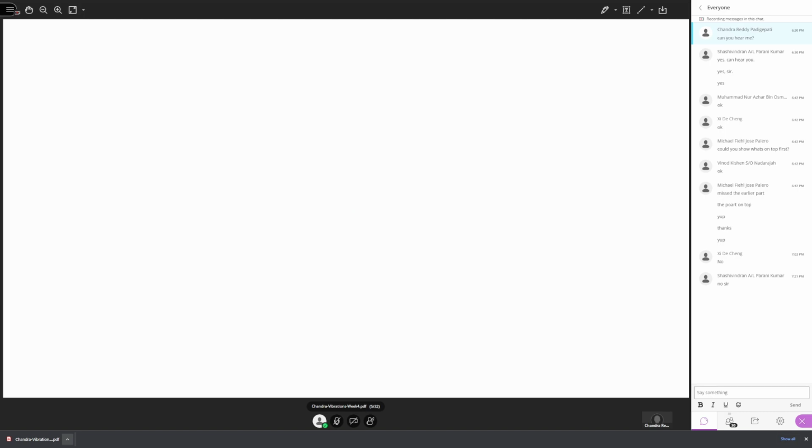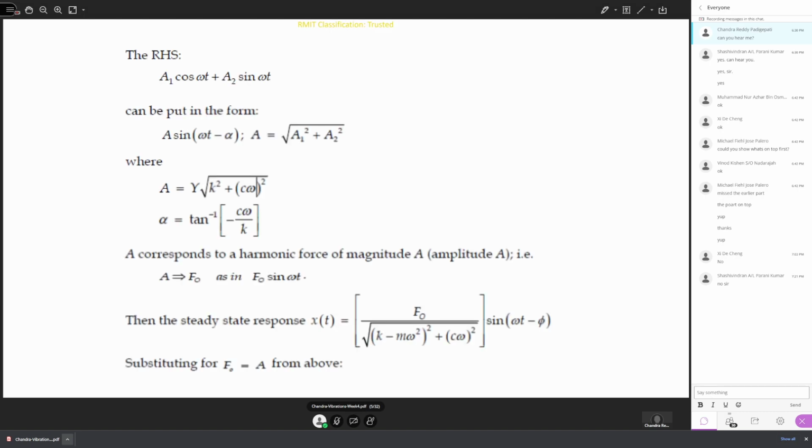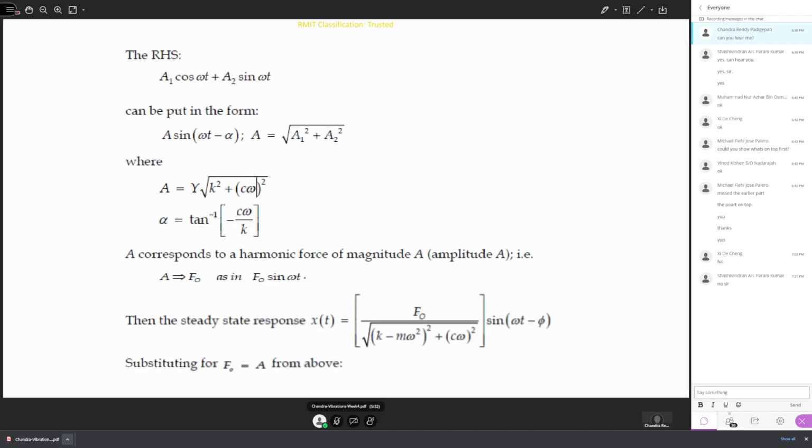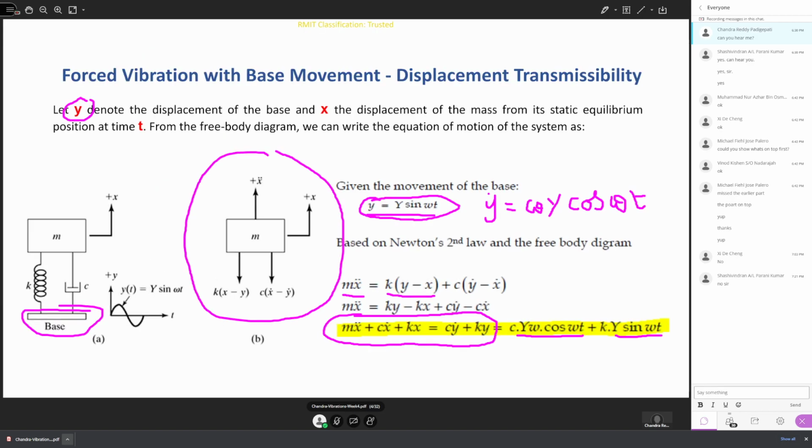Next part is finding the response of the system. So the right hand side of this previous equation has cos omega t and sine omega t. We can write this as A1 cos omega t and A2 sine omega t.